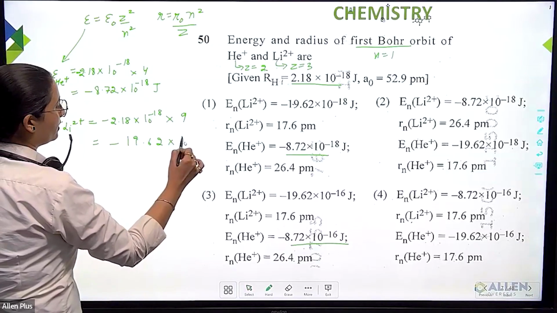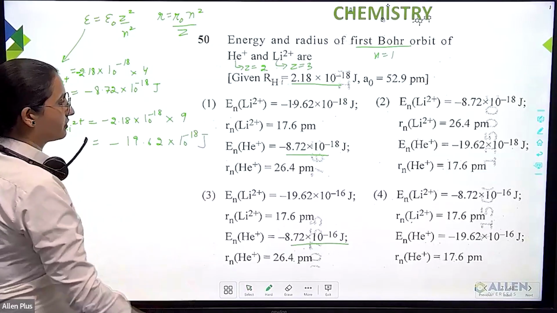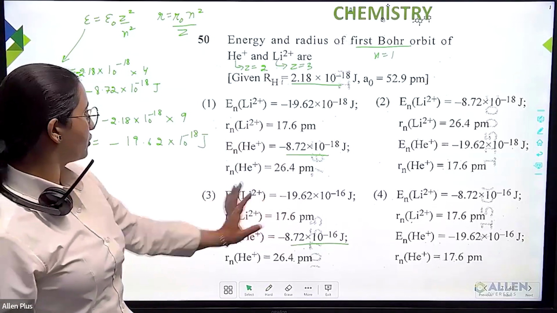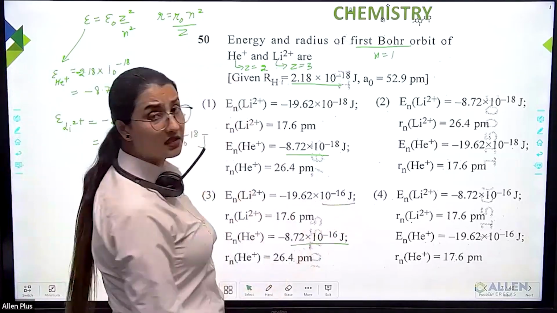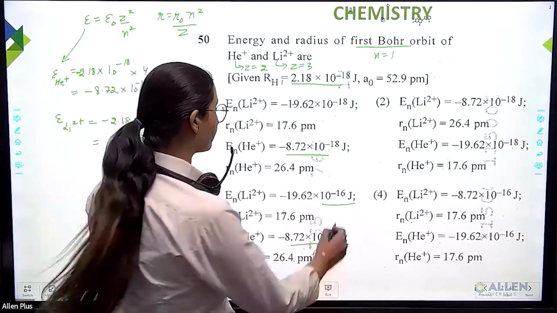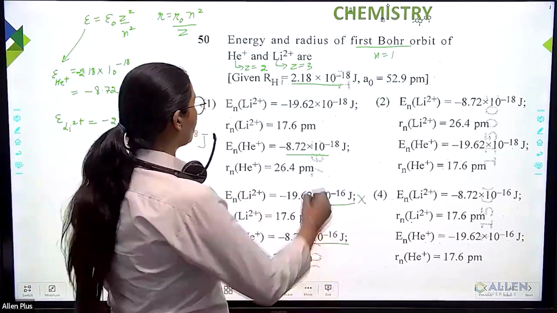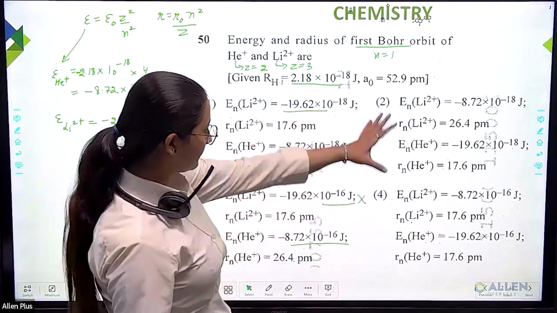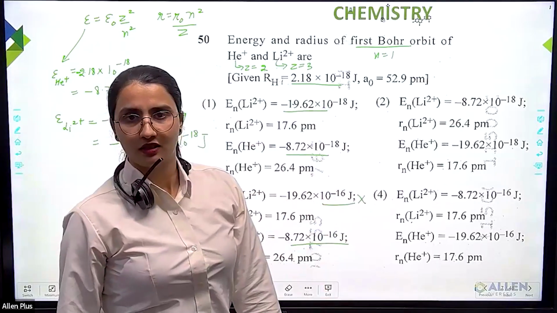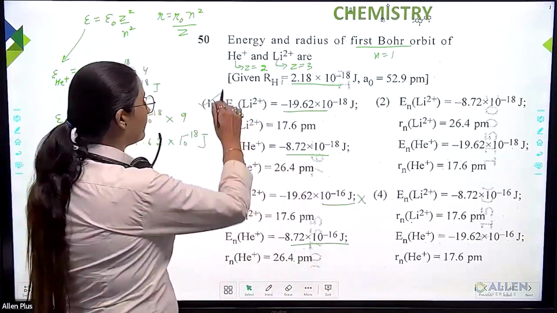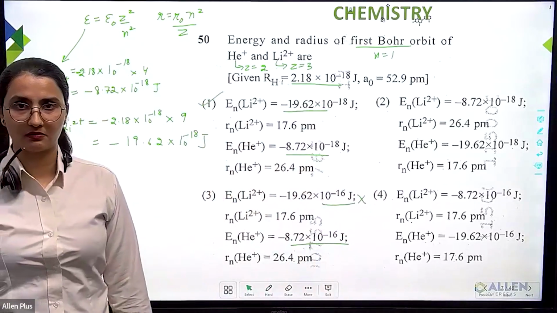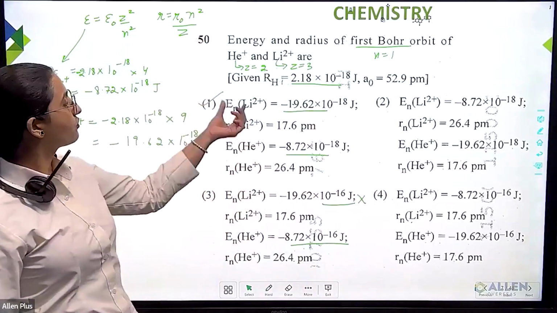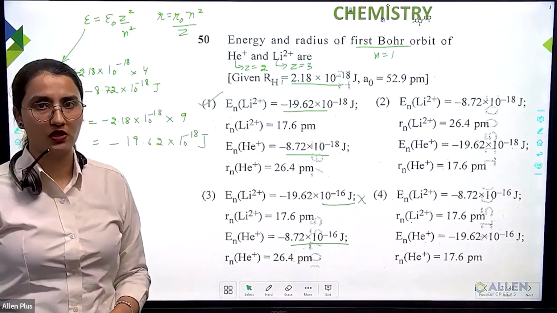Minus 19.62, 10 raised to power minus 18 joule. See, here we have 10 raised to power minus 16. It's wrong. So correct option is this. Anywhere else you have this? No. So even without solving radius, I can take this option. But if you want, you can solve by substituting values in this formula.